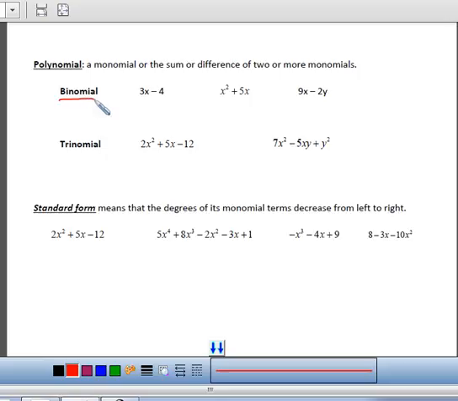There's a binomial, which has two terms, and then a trinomial, which has three terms, and then there's obviously others that can have many terms, like this one in the middle down here has 5 terms. For that, we're just going to call it a polynomial.